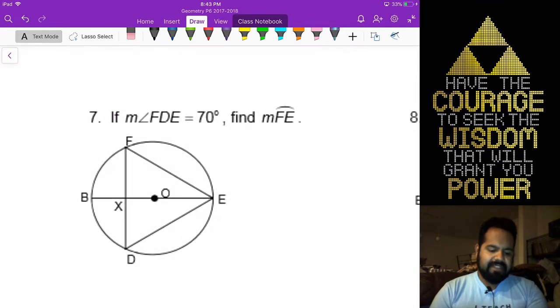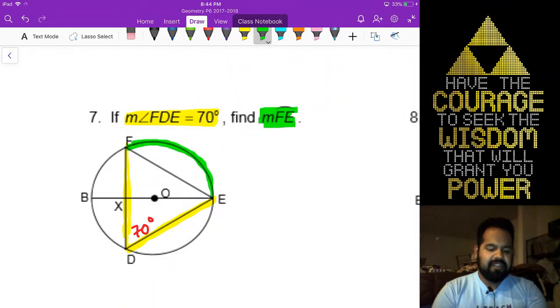So angle FDE is 70 degrees. I want to find the measure of arc FE. So FE, again, we have another ice cream situation.